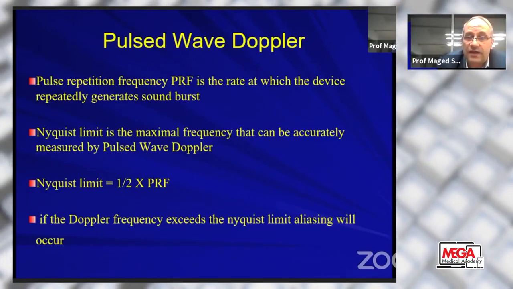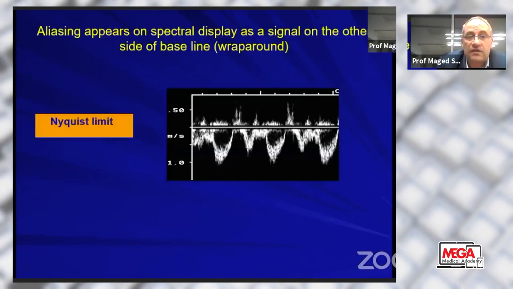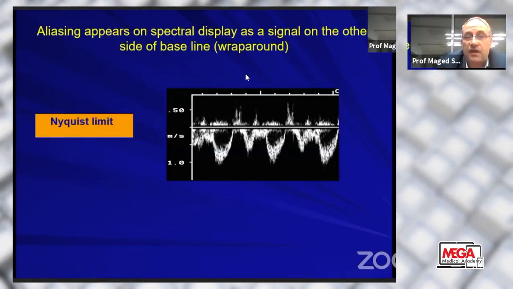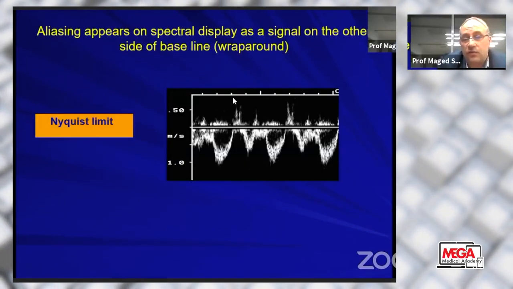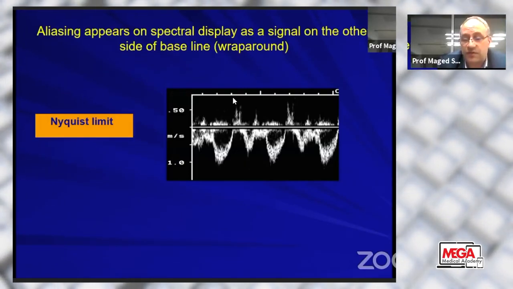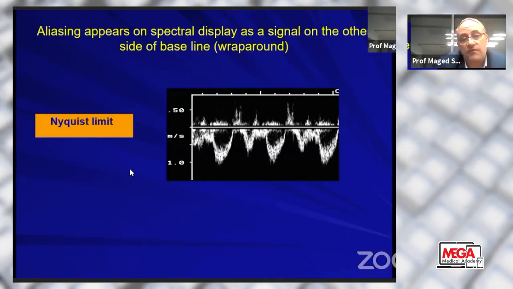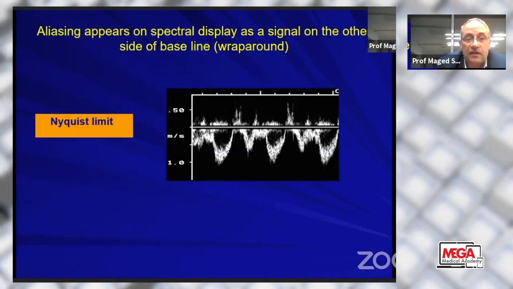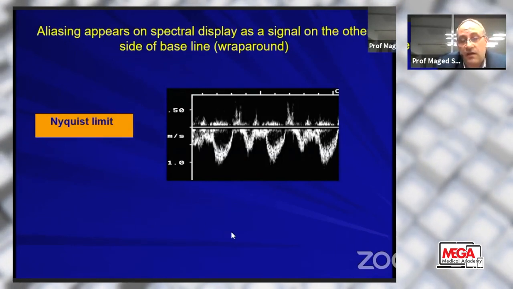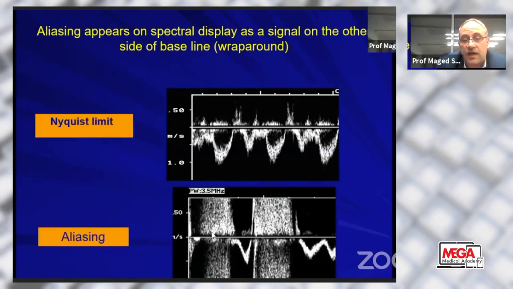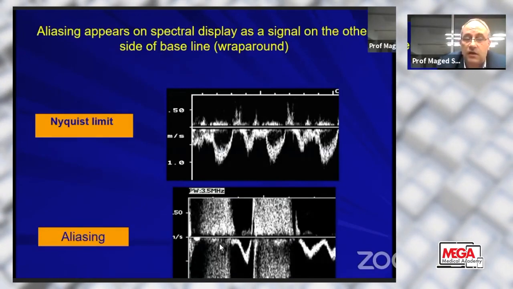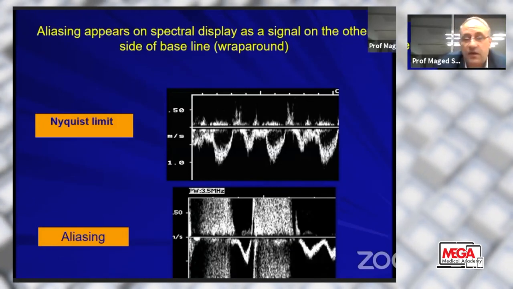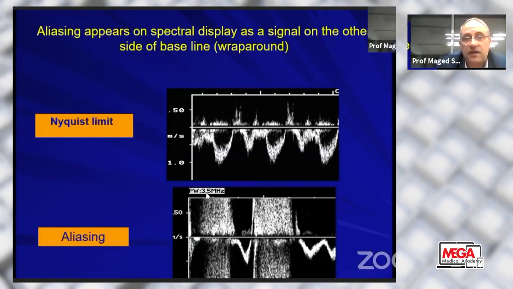A phenomenon called aliasing will occur. Here is a pulsed wave Doppler below the Nyquist limit, within the range of the pulse repetition frequency, so we have a well-defined pulsed wave Doppler contour. And here we have a higher frequency, so we have aliasing, noise, a wraparound phenomenon, if I exceed the Nyquist limit.